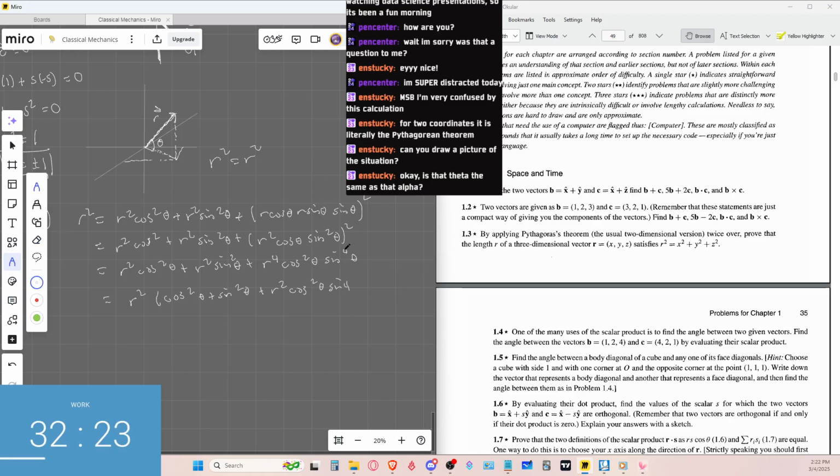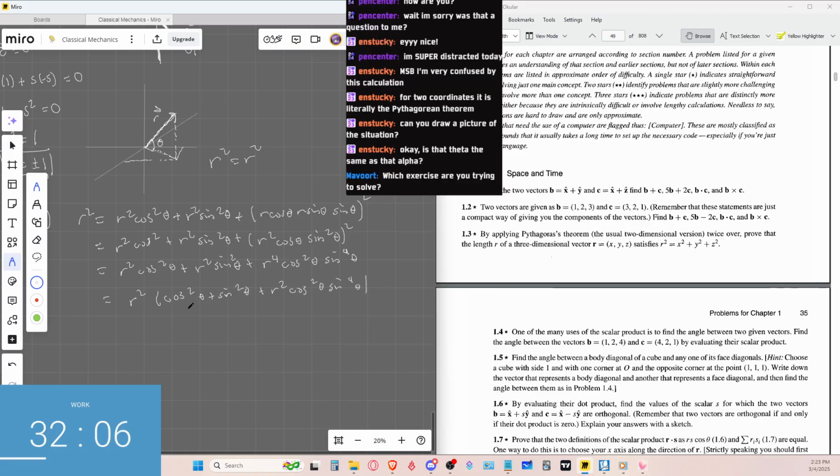Should be to the 4th power. We could also factor out the cosine and sine, but I haven't tried that yet.